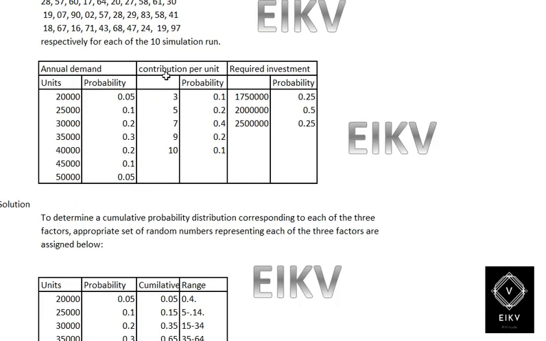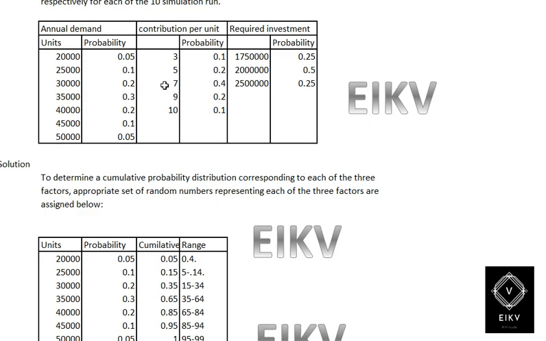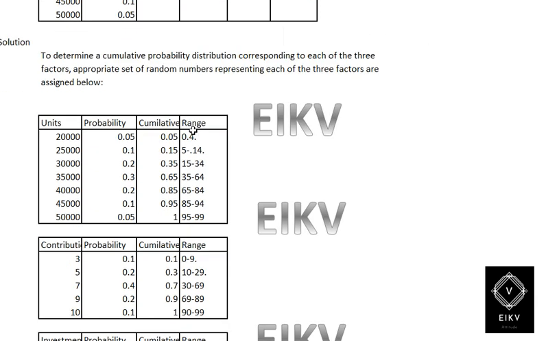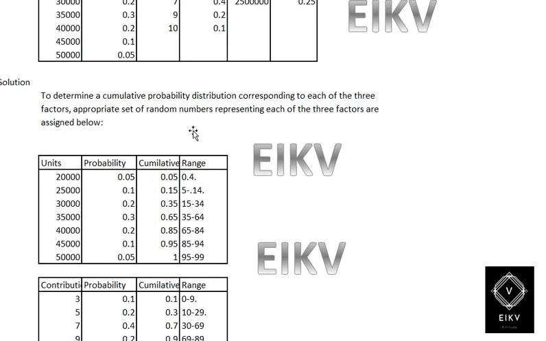So first we need to compute the range, and from the range we need to compute the annual demand, contribution and required investment from the random number. Starting toward the solution, we determine the cumulative probability distribution corresponding to each of the three factors.